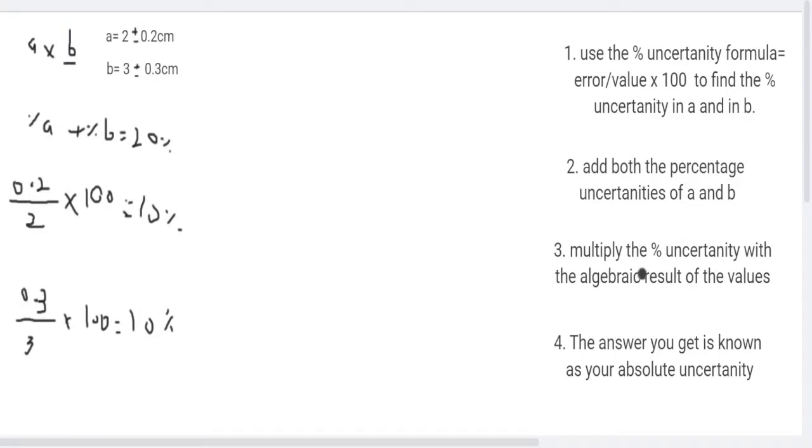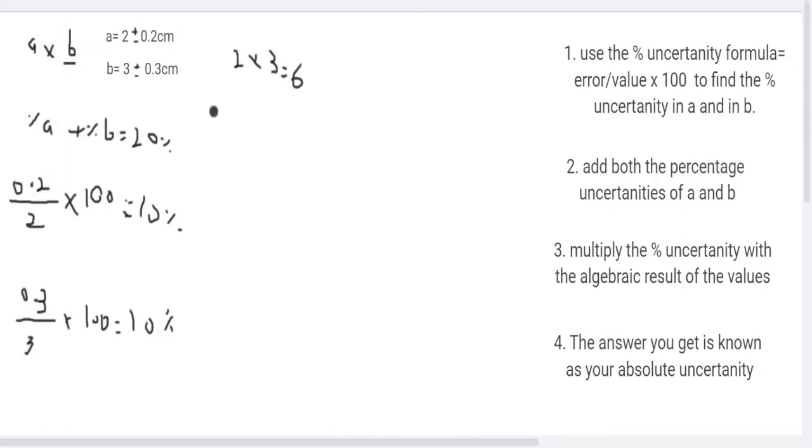Step 3 is to multiply the percentage uncertainty with the algebraic result of the values. So what does this mean? It means that whatever A times B in the value or the measurement gives me, I would simply multiply that with the percentage uncertainty. So 2 times the measurement in B, which is 3, gives me 6.